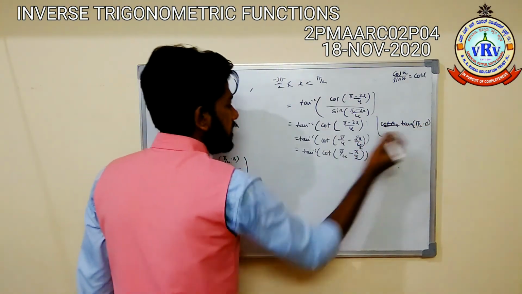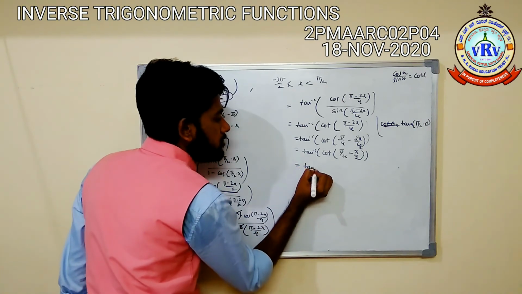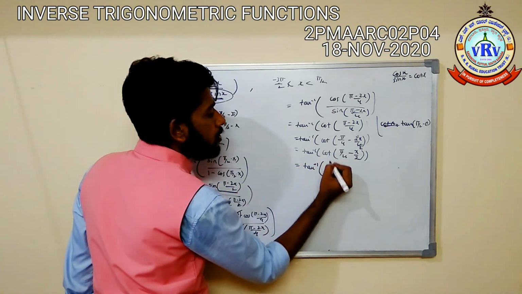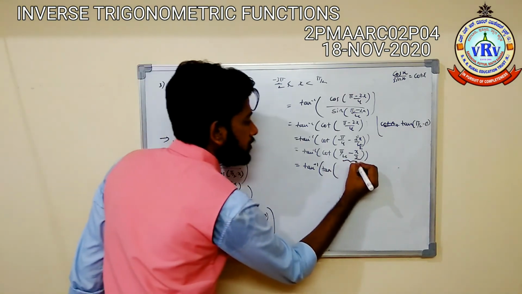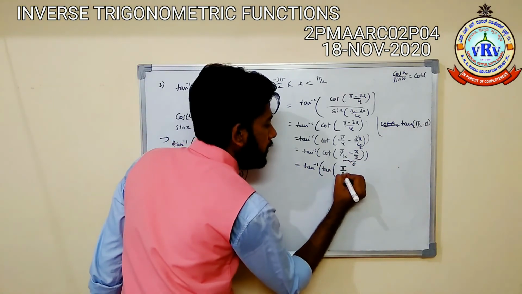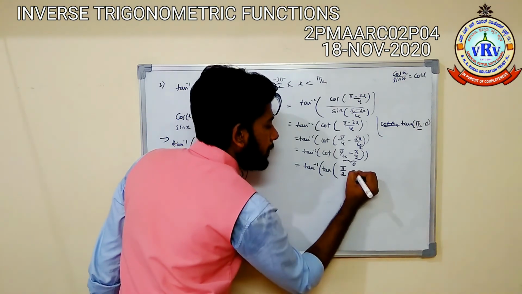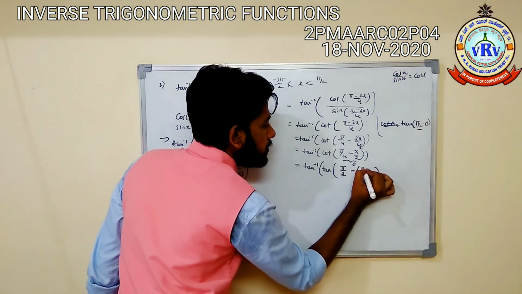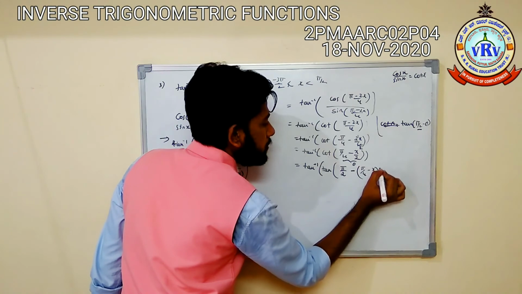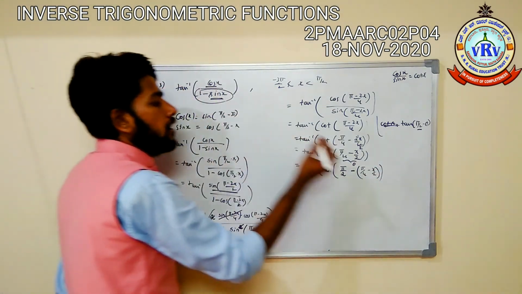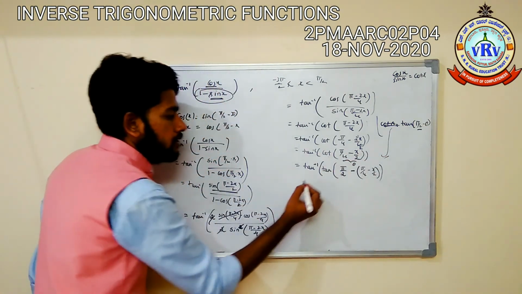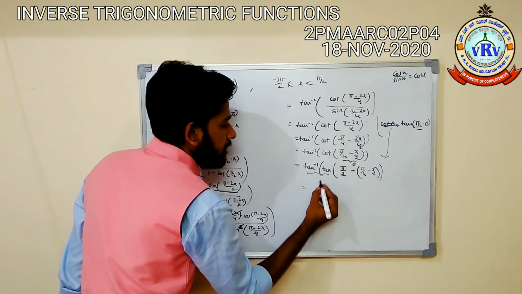So I am using this expression here, which is tan inverse of cot theta. I replace it in terms of tan. If it is theta, then pi by 2 minus theta is pi by 4 minus x by 2. Just apply this formula. So tan inverse of tan becomes the identity function.